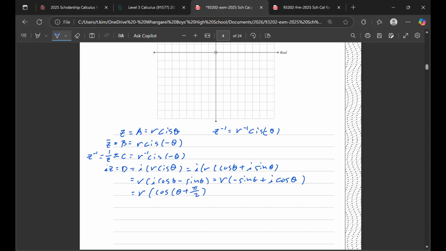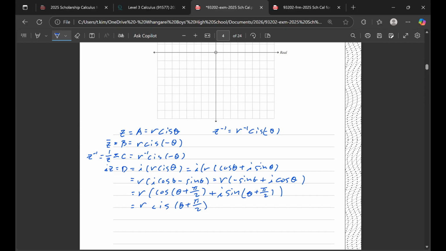And then cosine theta is equivalent to sine of theta plus pi over 2. Then we can write it back in polar form, which is r cis theta plus pi over 2. Okay, so that was the hard bit.